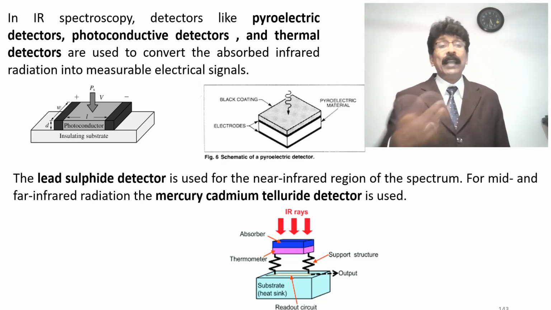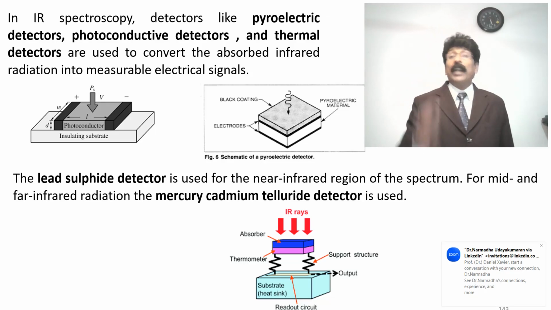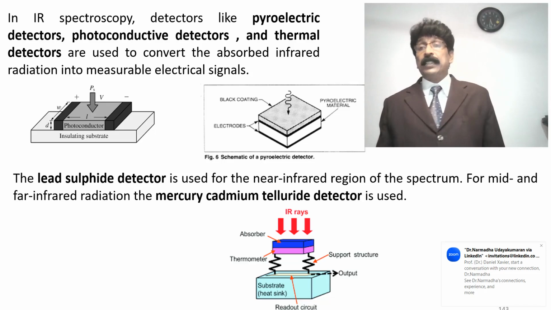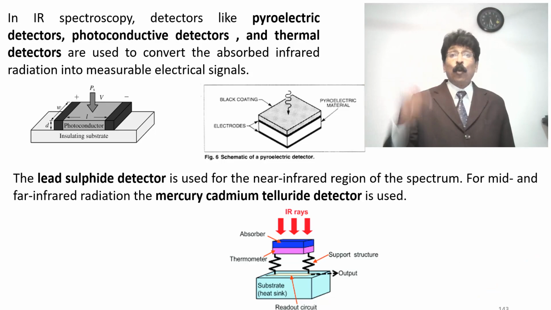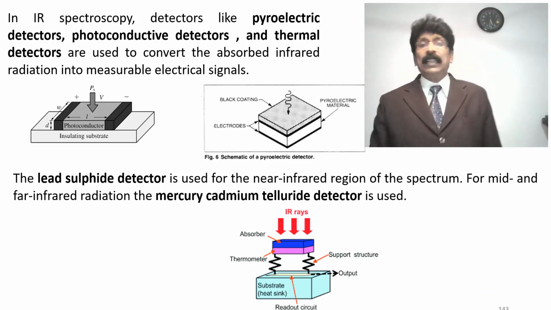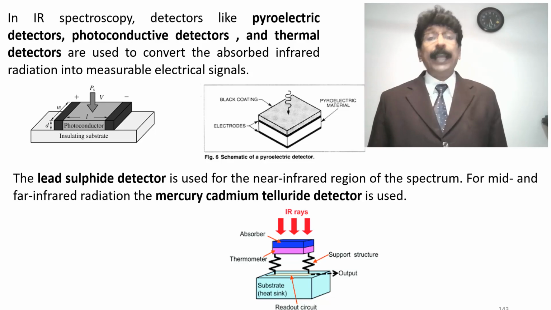The lead sulfide detector is used for the near infrared region of the spectrum. For mid and far infrared radiation, the mercury cadmium telluride detector is used.